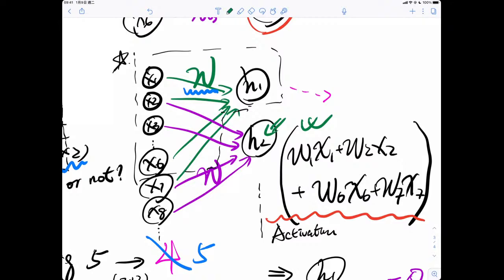So that means H1 and H2 have a different point of view on different locations of the local data. H1 activated says, okay, there is a pattern. Notice the words I use: there is a pattern which I found in x1, x2, x6, and x7.